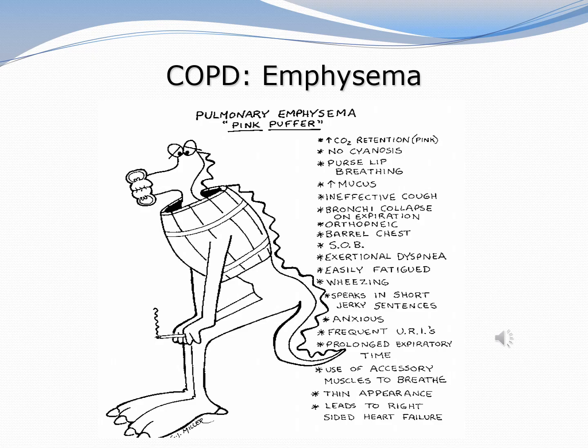They have frequent upper respiratory infections, prolonged expiration time. They also use their accessory muscles. In fact, because of how thin they are in nature, their use of accessory muscles is going to be far more obvious than in the blue bloater. And then this also can lead to right-sided heart failure or the cor pulmonale.